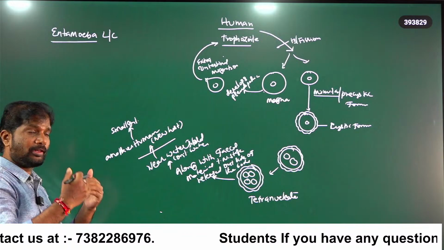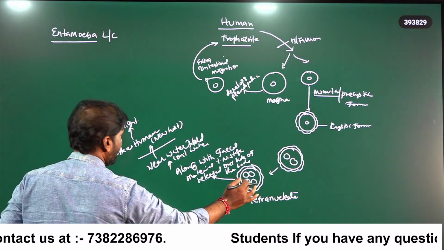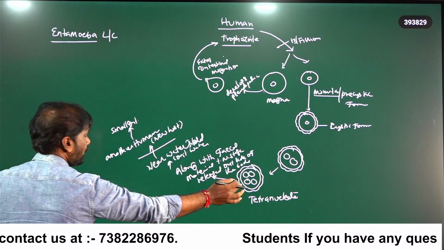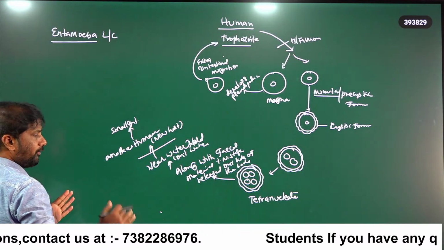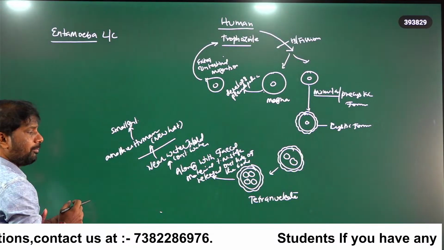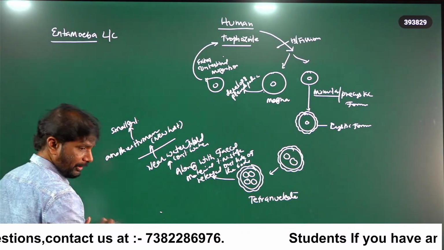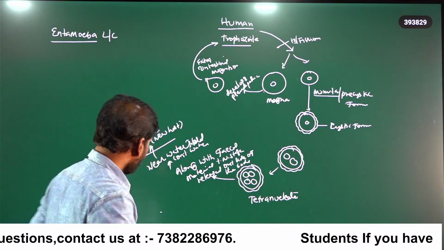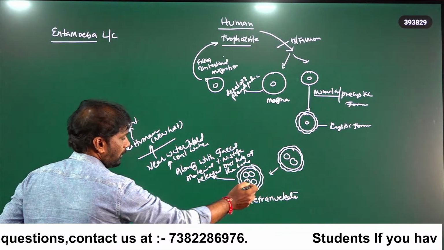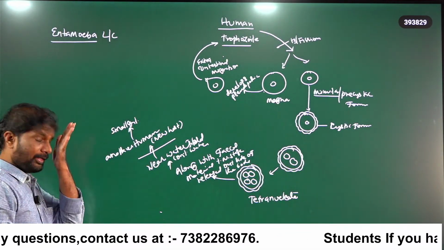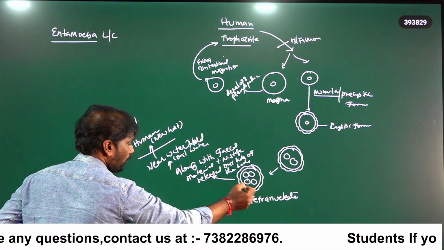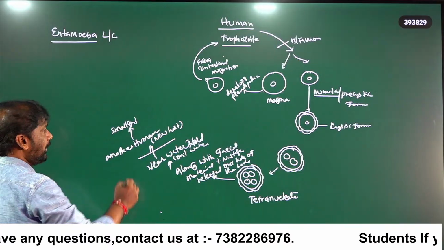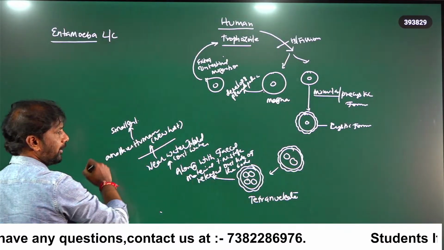That's why we get infected. So it enters into the small intestine, and by the digestive enzymes the tetranucleate stage is not digested. Here is the tetranucleate stage, and the cyst wall is present. When it enters into the small intestine.